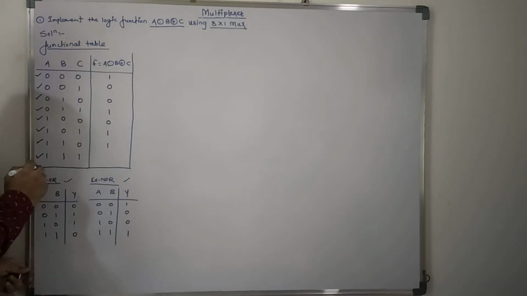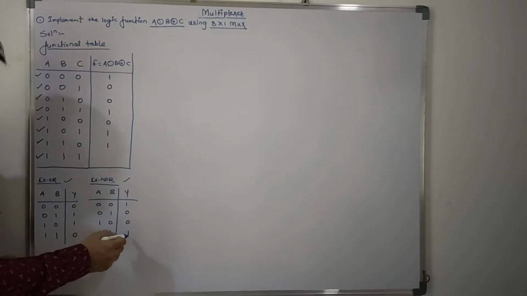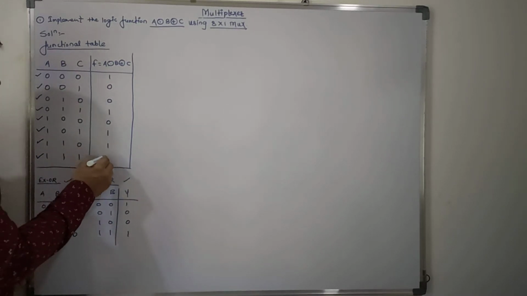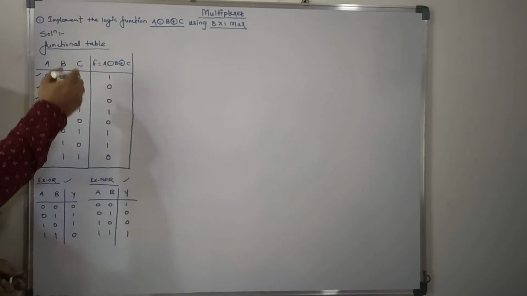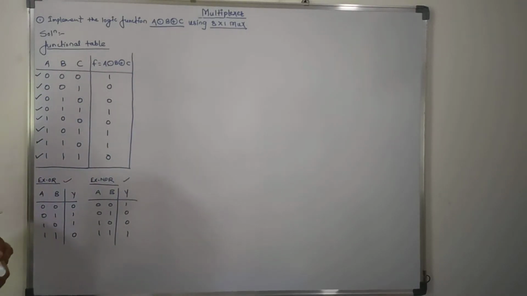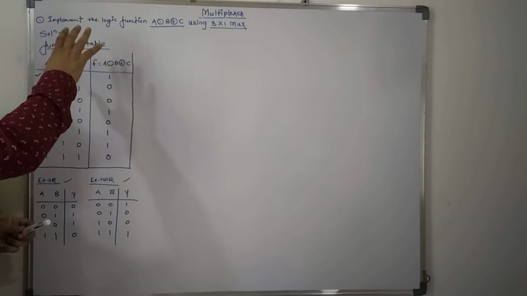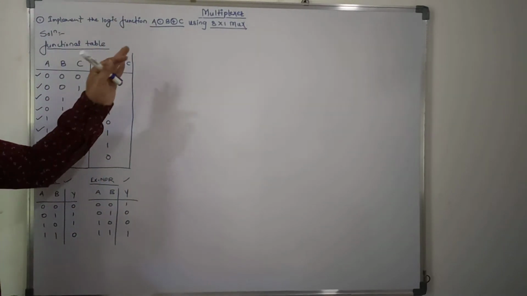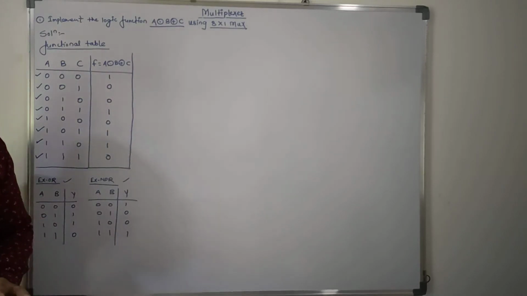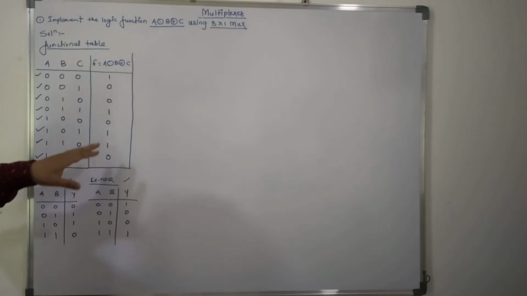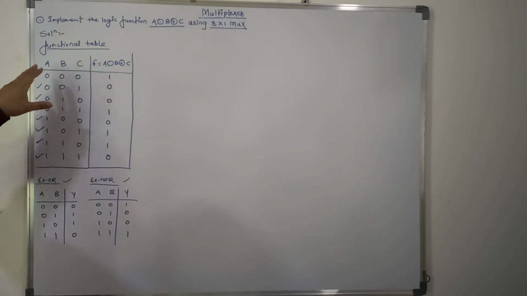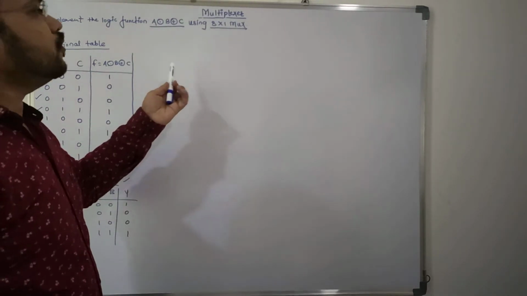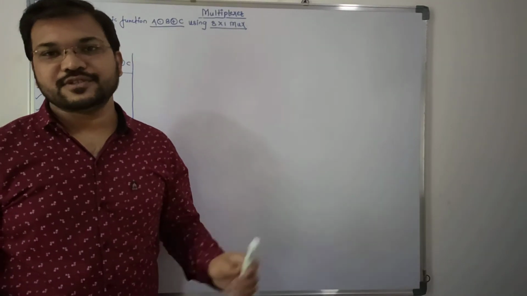And lastly 1 1 1: 1 XNOR 1 is 1, and 1 XOR 1 is 0, so the value is 0. In this way, we solve the function table for A XNOR B XOR C, as given. So we have the value of the function from 0 0 0 to 1 1 1.